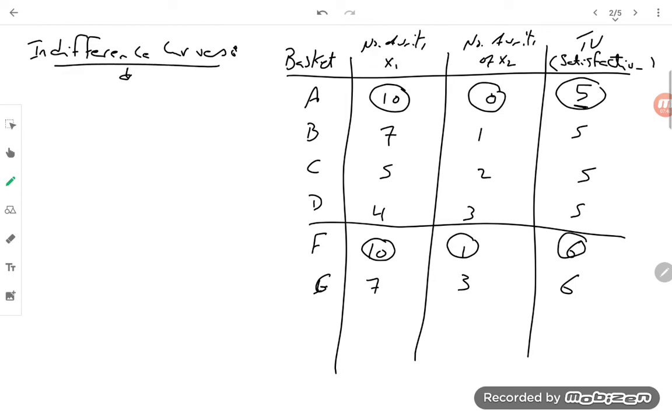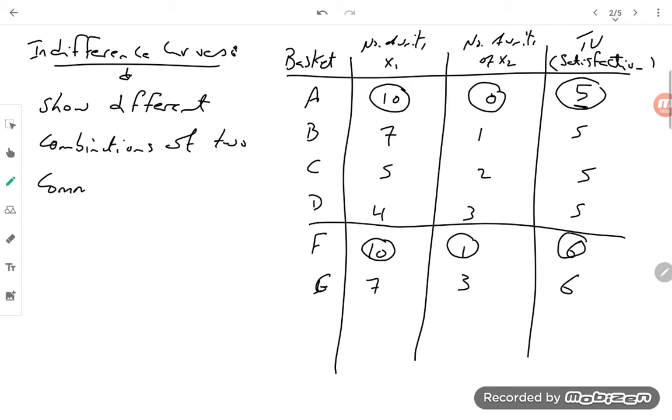Indifference curves show different combinations of two commodities that give the same level of satisfaction.